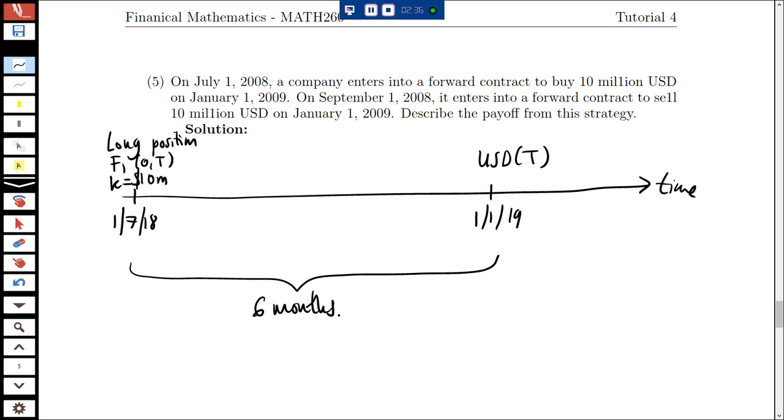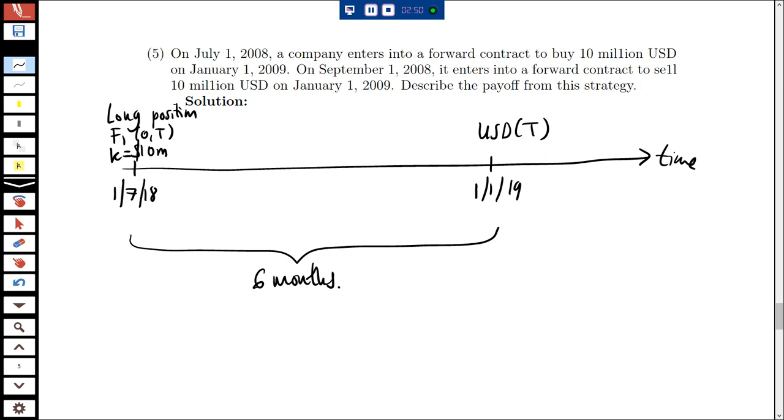Okay, so next sentence, on the 1st of September, it enters into a forward contract to sell. So we have a short position in 2 months. So roughly by here, 1st of September 2018, there's a short position.